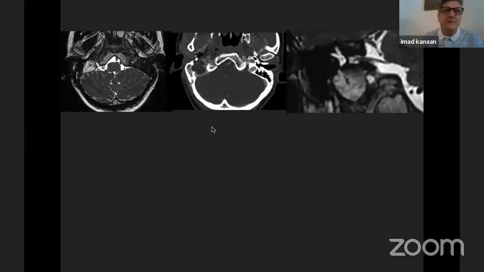What was the hearing in this, Pablo? Do you have the hearing situation in this patient? It was lost completely since he was a child. It was completely lost. So you have to explain to me why the hearing is lost, whether it is the nerve. See, the cochlear nerve is completely intact. There is no problem with the cochlear nerve. The problem is with the labyrinth and with the endolymphatic sac and duct, which can lead to hearing loss.